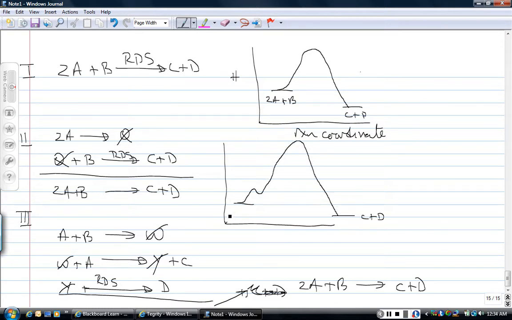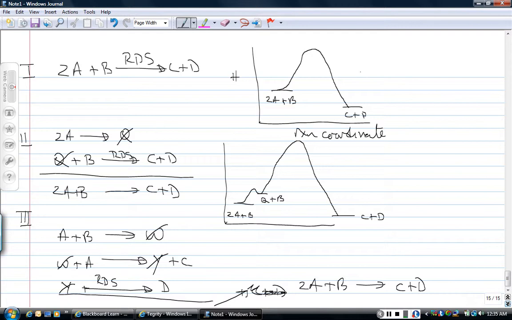So here I have 2A plus B. In the first step, both of the A's have succumbed. They generated in their stead Q. B was unaffected, so B is still present here. In the second step, Q and B react in a difficult step to make C and D. And the reaction is an exotherm.